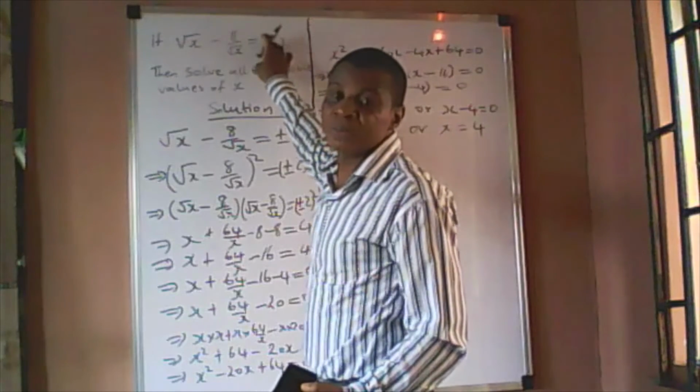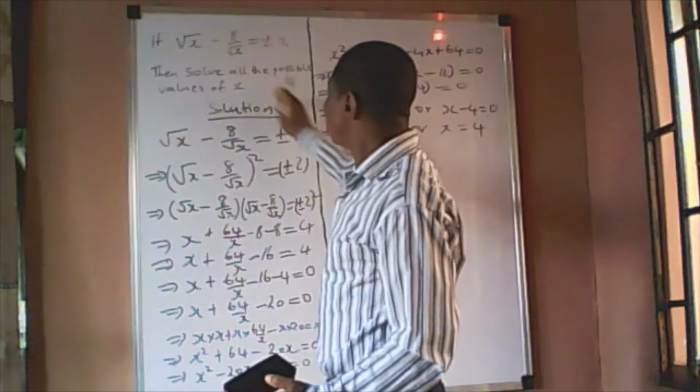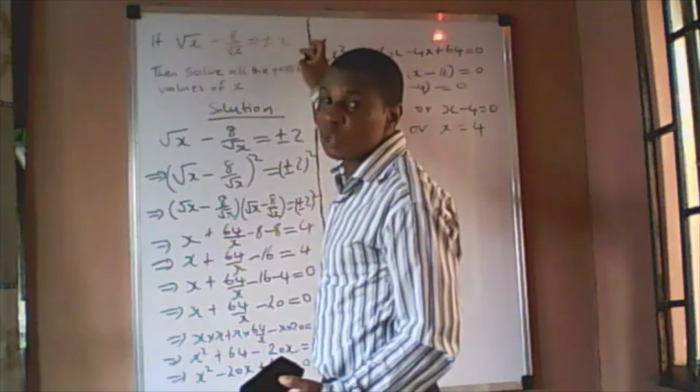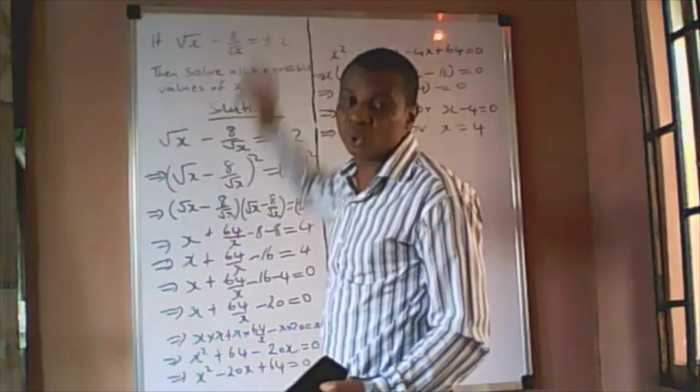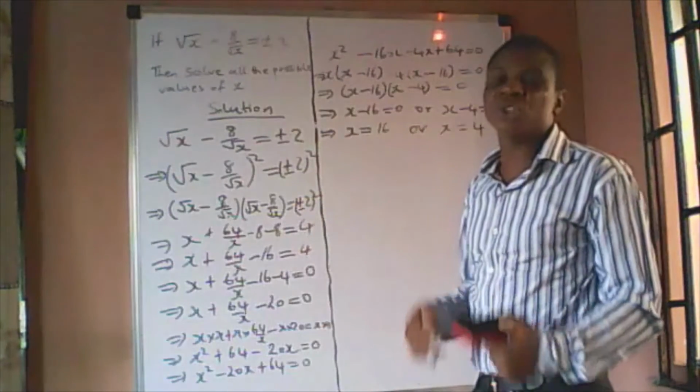This equation, if you substitute it, each one gives us either plus or minus 2. But let us cross check whether it is true.